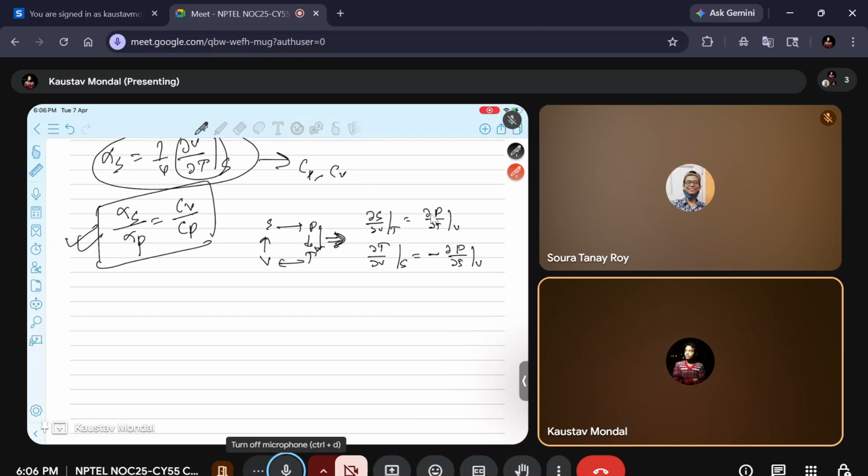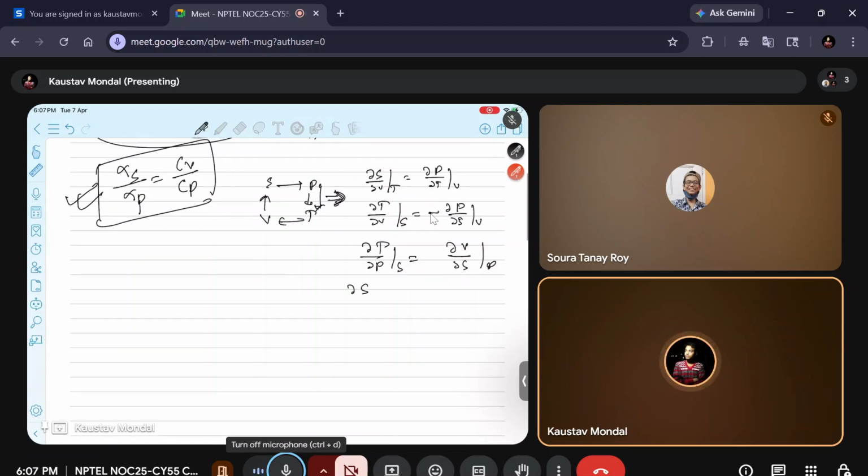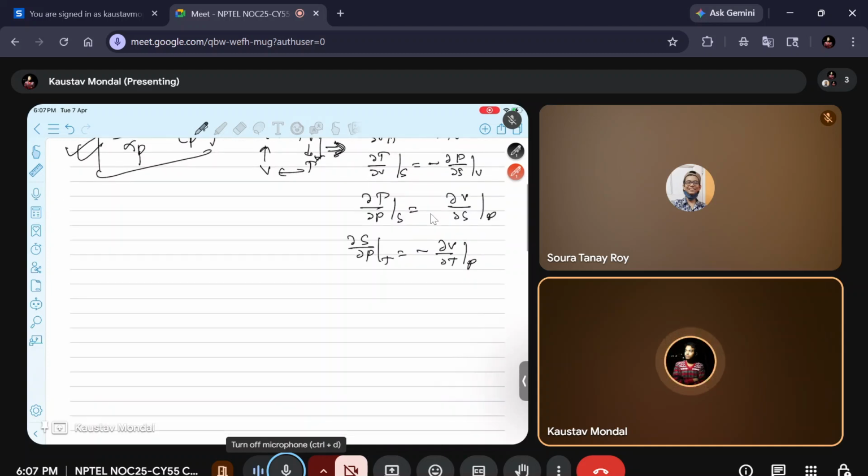Next, del T del P at constant S will be equal to del V del S at constant P, and last, del S del P at constant T will be equal to minus del V del T at constant P. These are the important Maxwell relations.